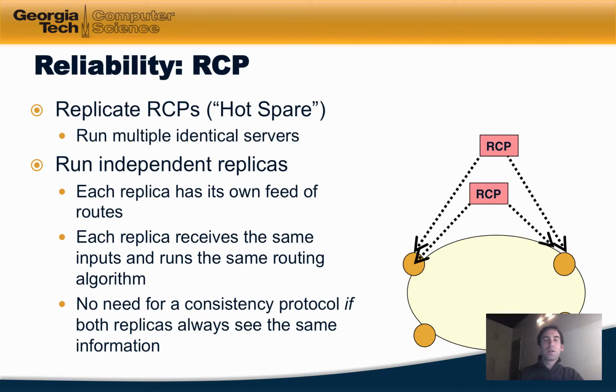So the idea here is that the network would run independent replicas of the RCP, whereby each replica has its own feed of the routes from all the routers in the autonomous system.